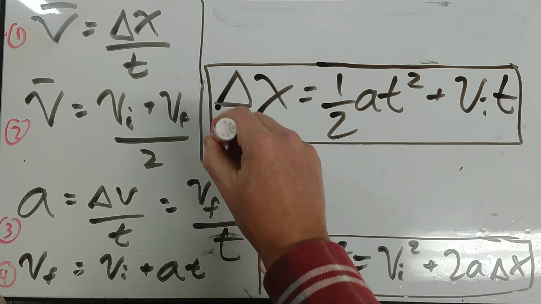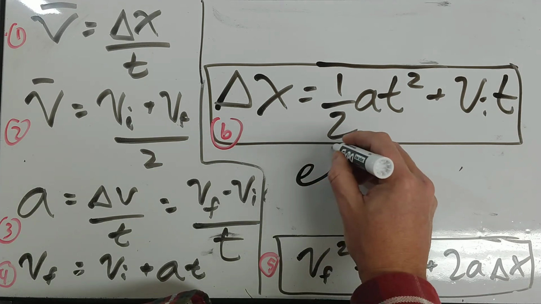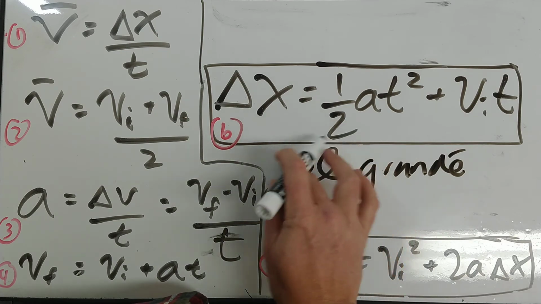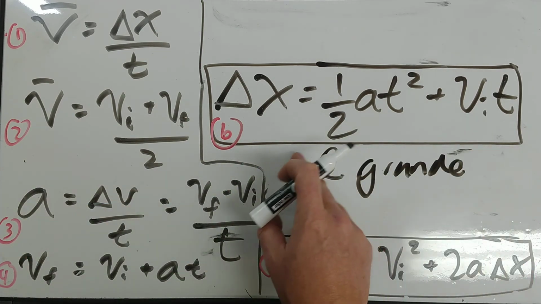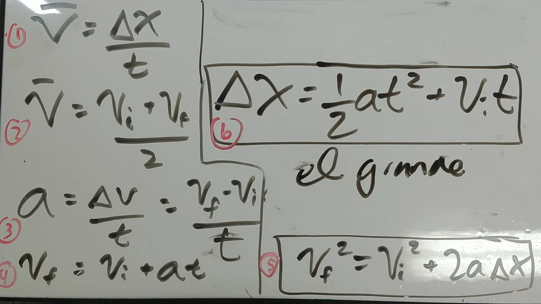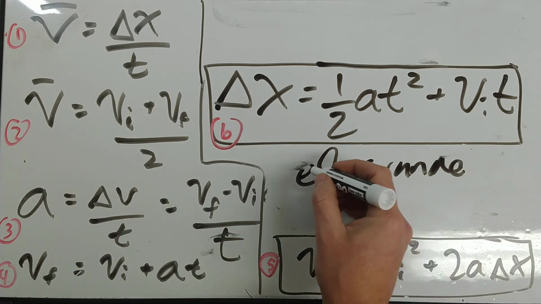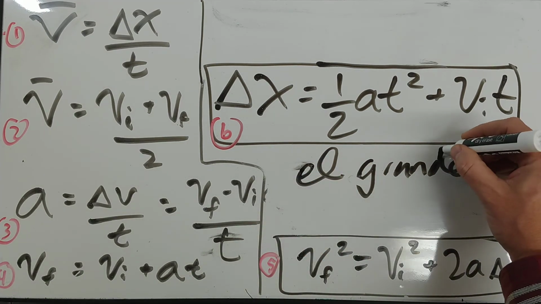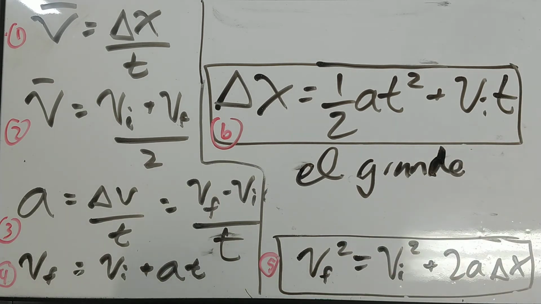Equation 6 has a name that we call El Grande. I have no idea how to do accents on Spanish words, I apologize. I had a physics professor in Buffalo who was a funny guy, a little different, but he always started class with a really good pun.